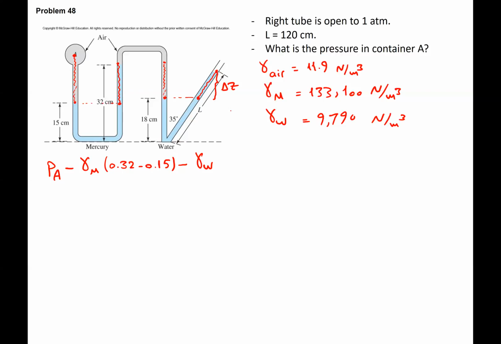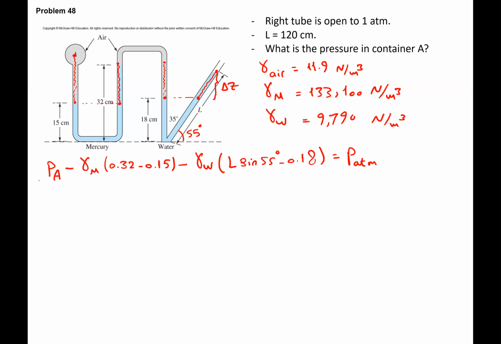This term is equal to L sine theta, this theta here, which is 55 degrees. So I can say L sine 55 degrees. So that's the total height minus this 18 that we have here, and I convert it to meter. This equals to PA, or atmospheric pressure, which is 1 atmosphere. So this equals to P atmosphere.